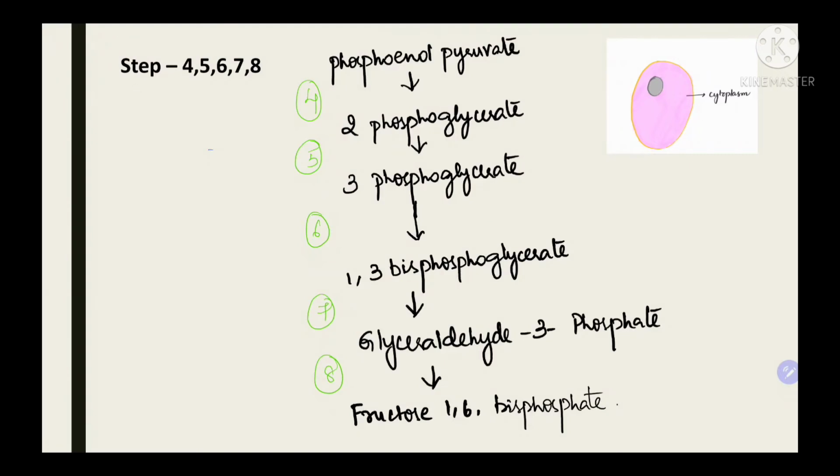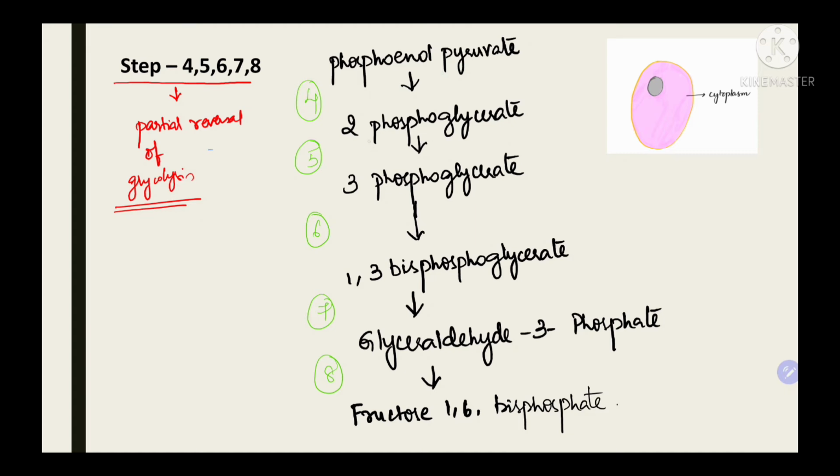Now from here, steps 4, 5, 6, 7, 8, all these are partial reversal of glycolysis. These are the same steps that take place in glycolysis with the same enzymes. So those reversible reactions take place in gluconeogenesis also.